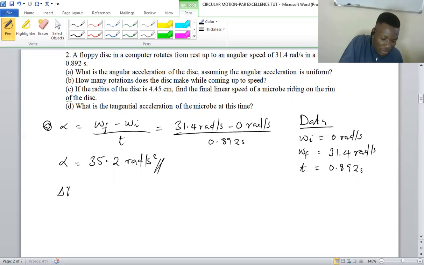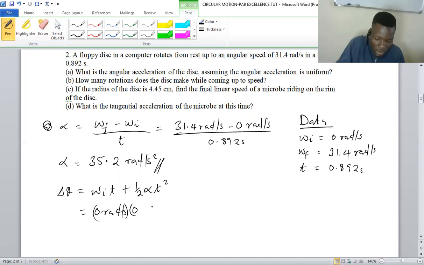angular displacement equals initial angular speed times time plus half angular acceleration times time squared. Because we have the angular acceleration here, the initial angular speed is 0 rad per second times time, which is 0.892 seconds, plus half.